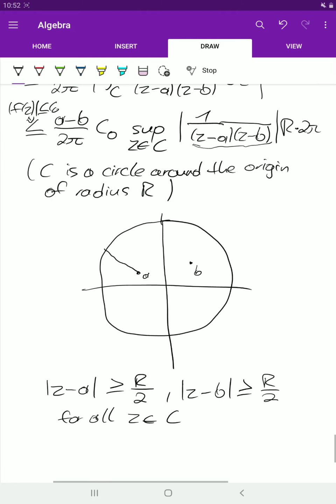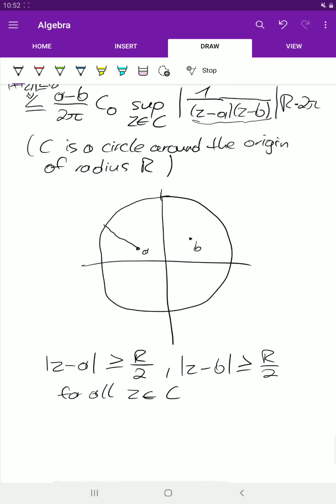Okay, so let's see what we have now. So this is at most a minus b. The 2 pi cancel out, then we have c naught r, and then we have 1 over r squared over 4.